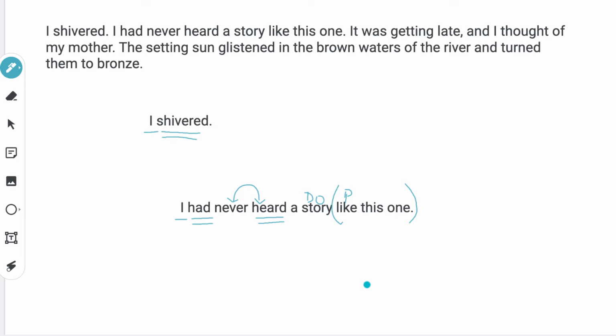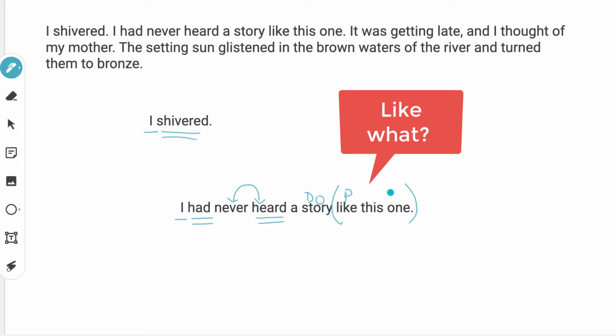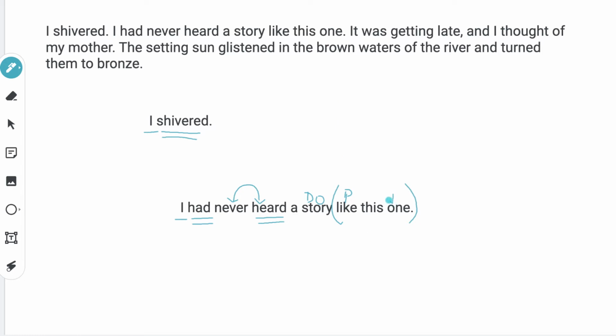And so I drew parentheses around this phrase. Again, I marked the preposition with the P, and we can ask ourselves a question to find the object of this preposition. Like what? Like this one. So we can mark one with an OP to stand for object of the preposition.